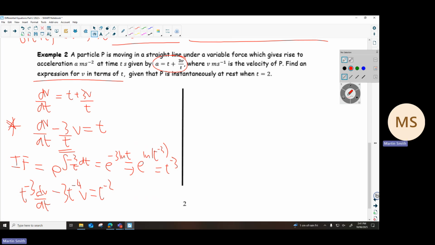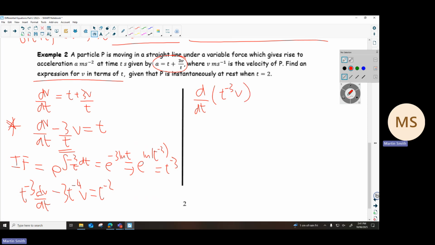Now, the integrating factor method is always such that the thing on the left-hand side is the derivative, in this case with respect to t, of the integrating factor, t to the minus 3, times the other letter, which in this case is v.